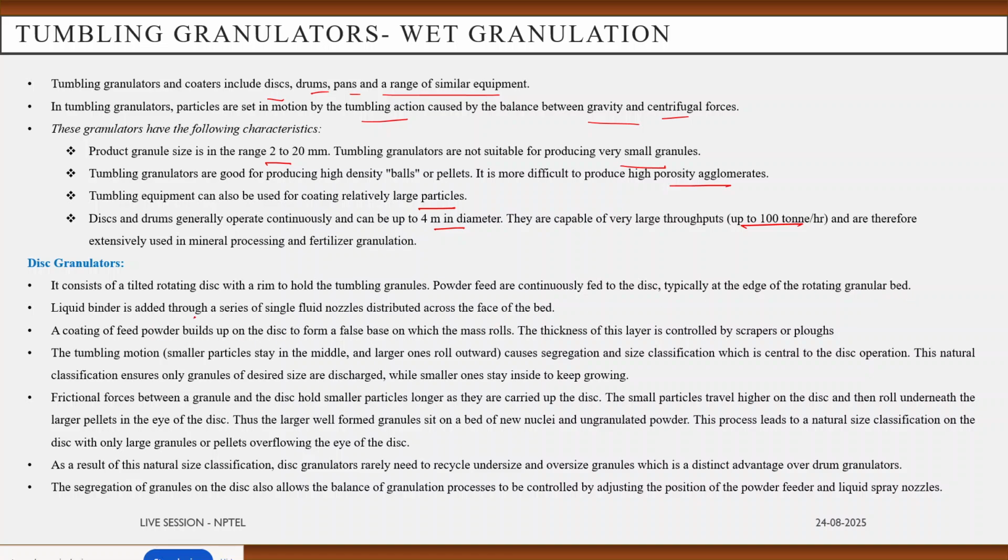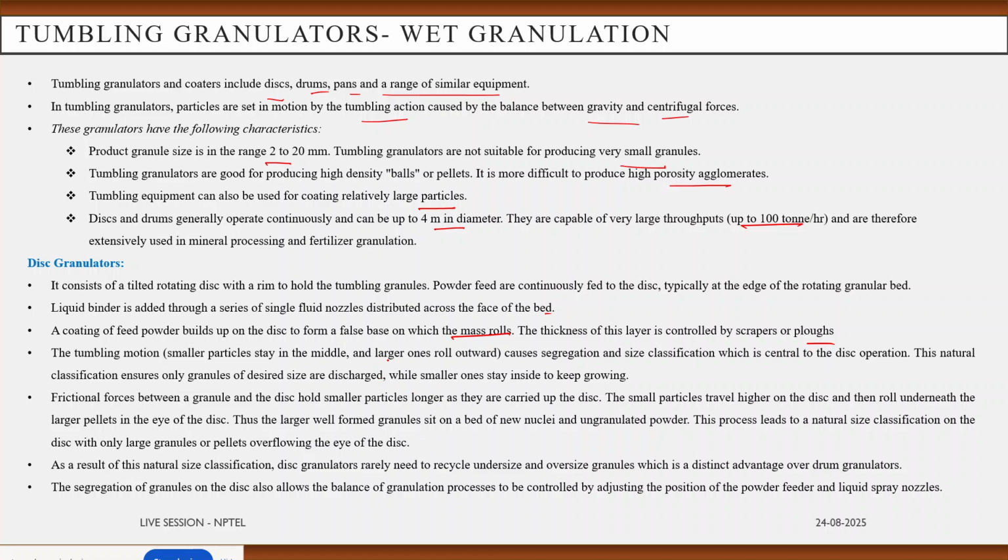The liquid binder is added through a series of single fluid nozzles distributed across the face of the bed. A coating of the feed powder builds up on the disc to form a false base on which the mass can be rolled easily. The thickness of this layer can be controlled by scrapers or plows.